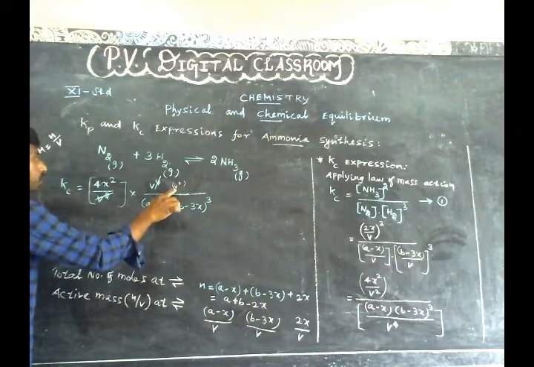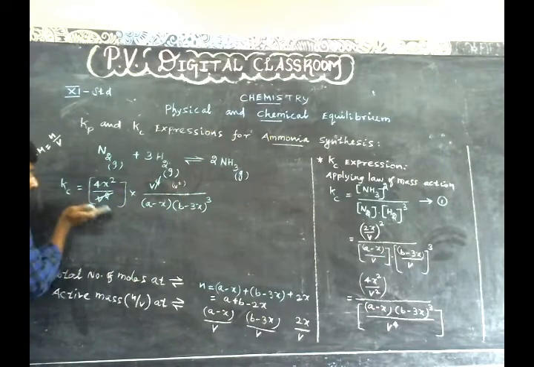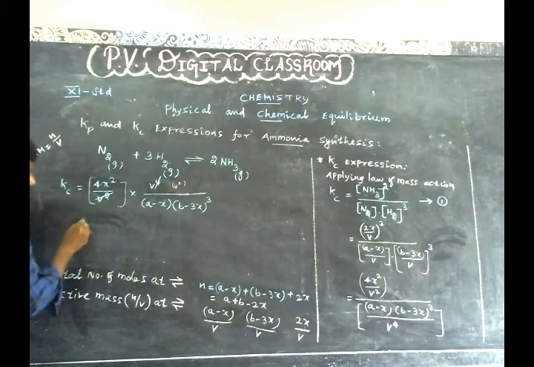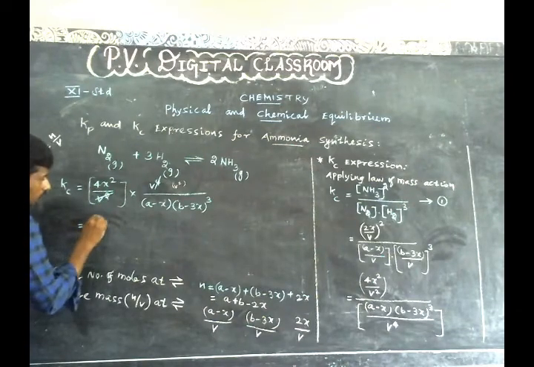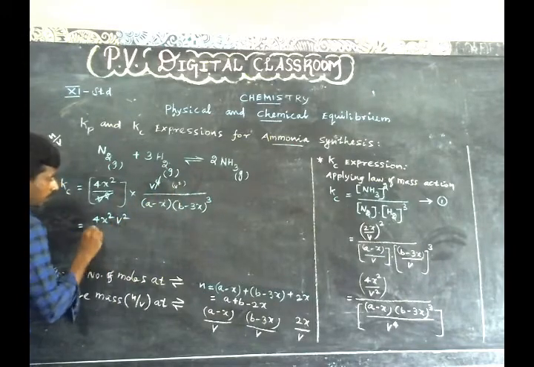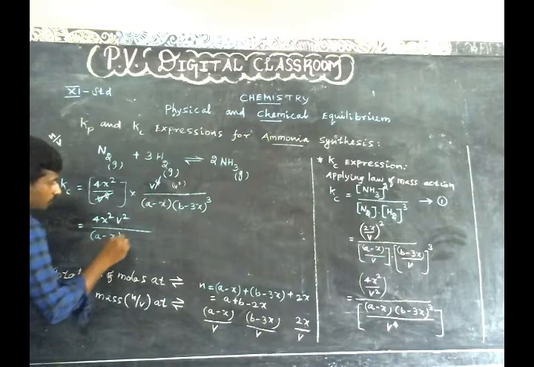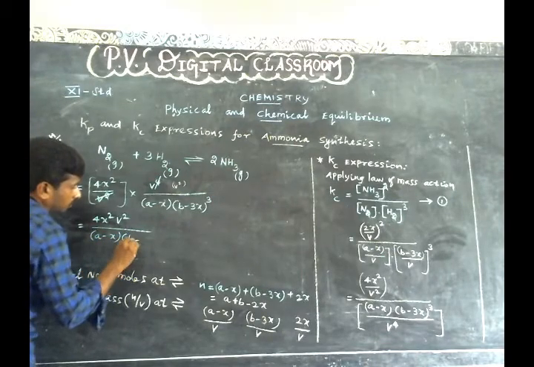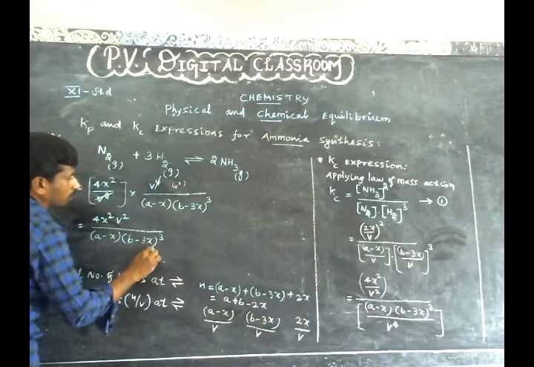Multiplying this V square term with 4x square, this equation becomes 4x square into V square divided by A minus x into B minus 3x power 3.